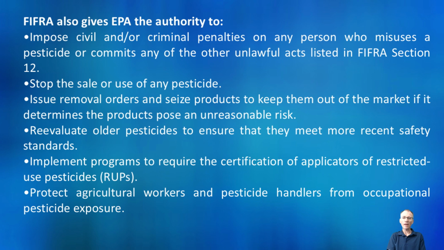FIFRA also gives EPA authority to impose civil or criminal penalties on any person who misuses a pesticide or commits any of the other unlawful acts listed in FIFRA Section 12, stop the sale or use of any pesticide, issue removal orders and seize products to keep them out of the market if it determines the products pose an unreasonable risk, reevaluate older pesticides to ensure that they meet more recent safety standards, implement programs to require the certification of applicators of restricted use pesticides (RUPs), protect agricultural workers and pesticide handlers from occupational pesticide exposure.